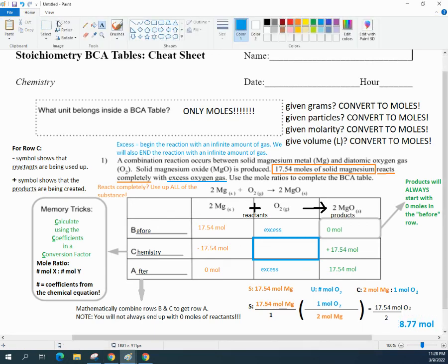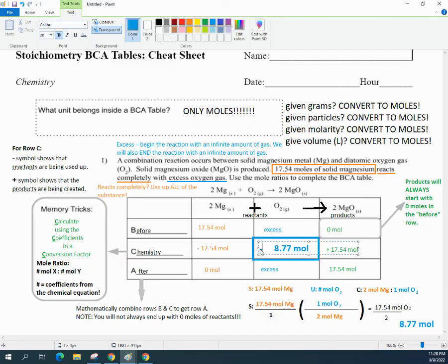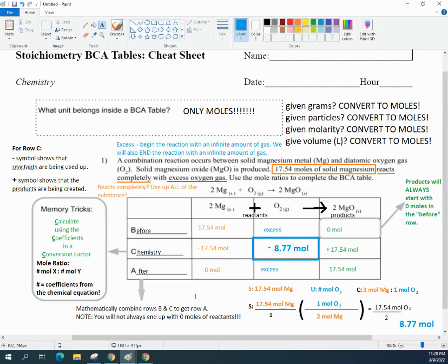Now, I can take this value, and this is how much we are using in here. And remember, because it's in the C row, we need to pick that symbol. Is it going to be a positive symbol or is it going to be a negative symbol? Well, because this is a reactant, we are actively using it, and so it should be a negative symbol. This is your completed BCA table, and we only had to do dimensional analysis once.